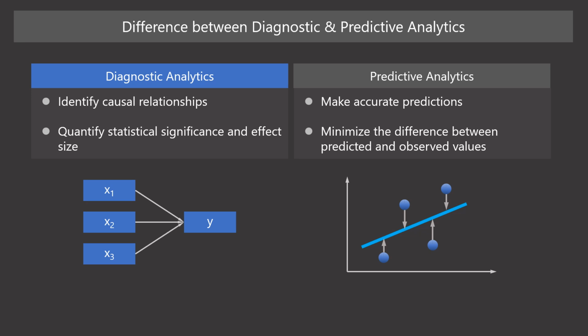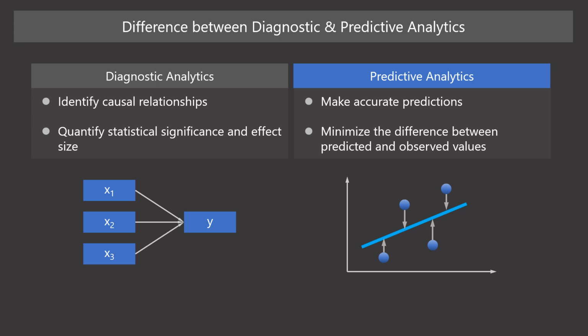In diagnostic analytics, we should try to build a parsimonious model. That is, we narrow down the independent variables to a few impactful ones. By doing so, we can identify major causes and concentrate our resources to address the causes.